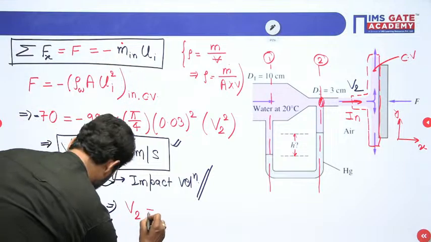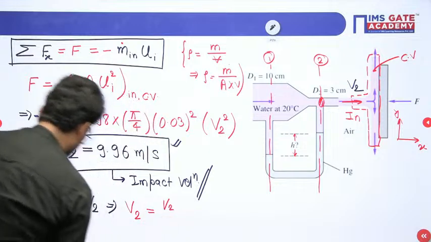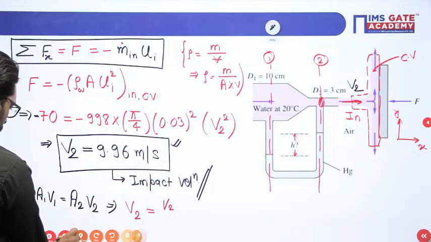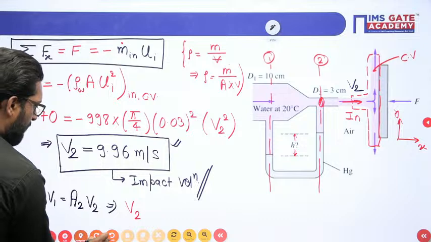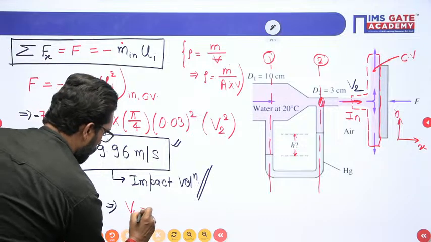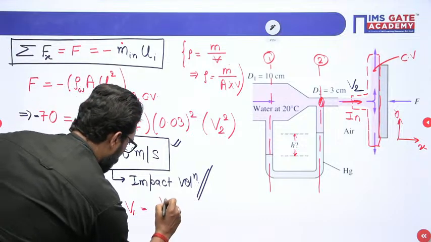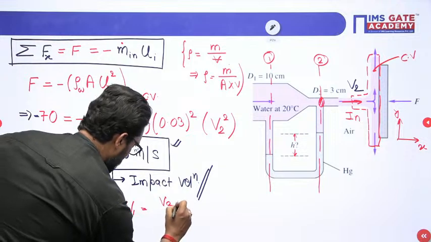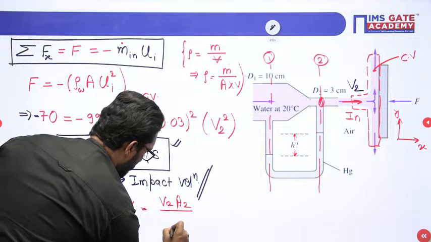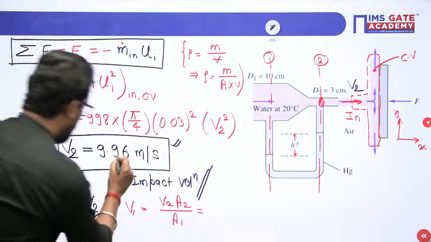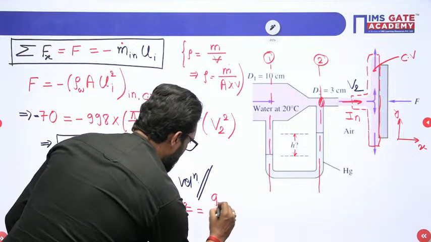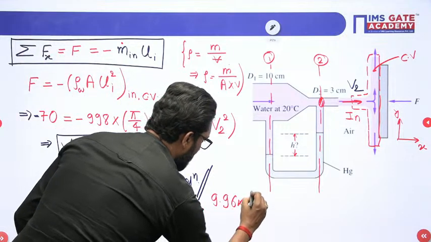What is V2? V2 you have, you have to find V1. Sorry. From here you can easily find V1 value. So what is V1? V2 times A2 upon A1. Yes or not? What is V2? V2 you have 9.96. What is A2?